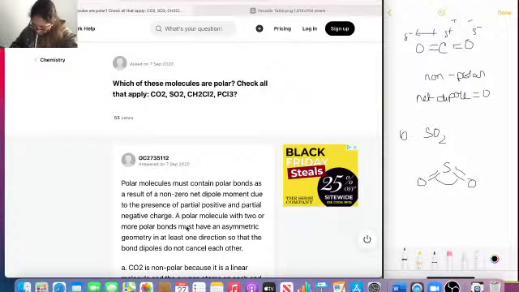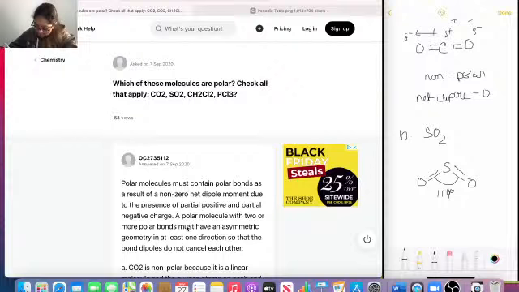You have an obtuse angle basically, and so you have a bent shape, right? When you add these vectors together, you would have a dipole moment.